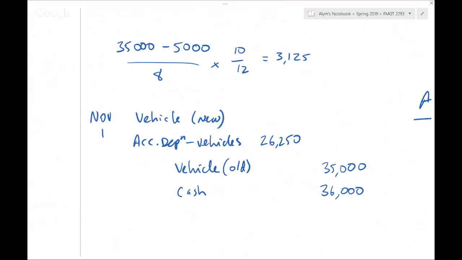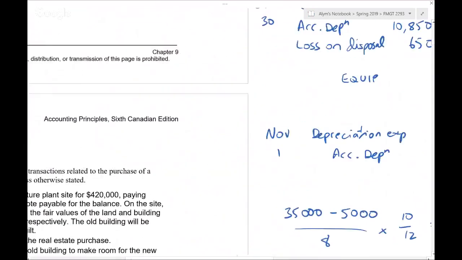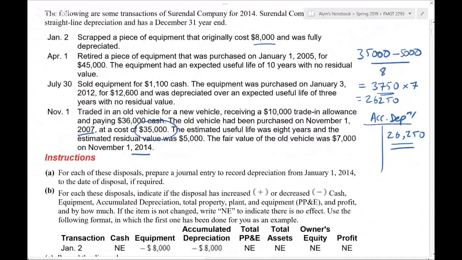Now we got to figure out how we measure this new vehicle. And how much was the new vehicle? Well, if we look at the question, it says traded in an old vehicle for a new vehicle. The trade-in allowance in this case doesn't really affect anything because they haven't given us the fair value or even the selling price of the new vehicle. They haven't told us anything about it.